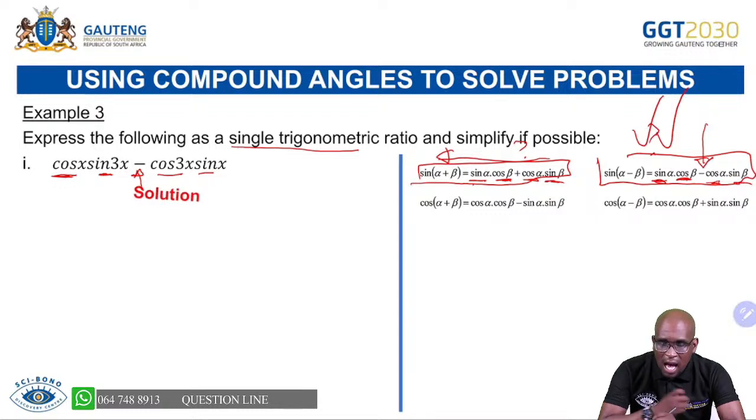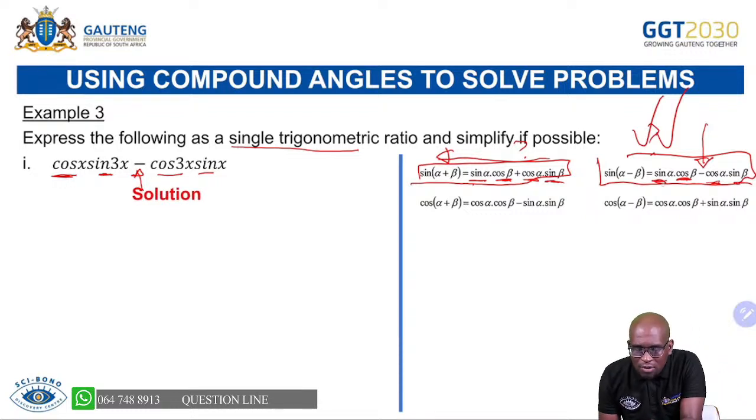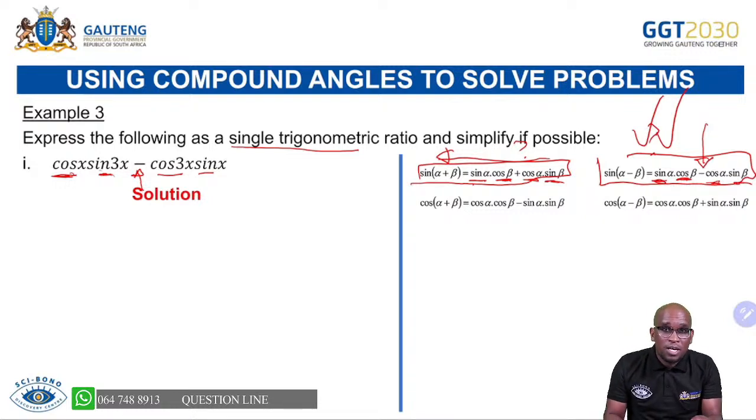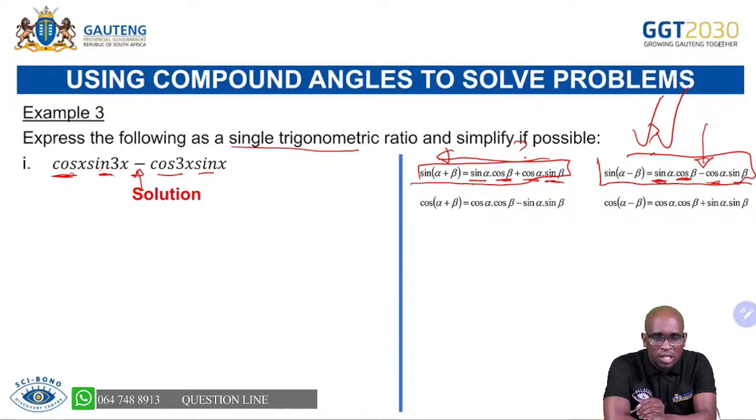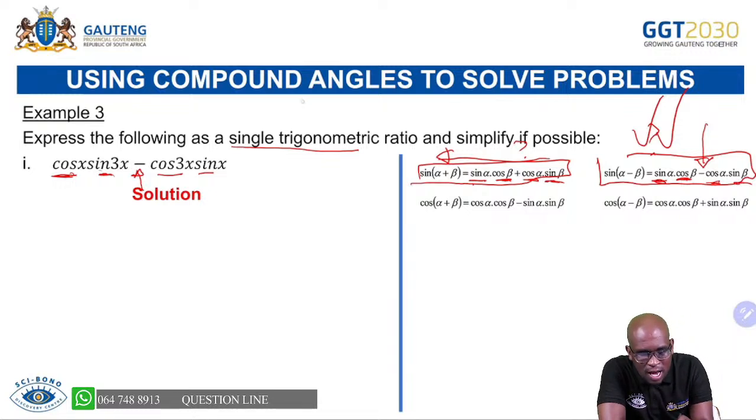First things first, I will rearrange and write down the sine, because it's written as cos, sine, cos, sine. So I'll start with sine and then cos. Remember, multiplication is commutative. What do I mean by that? I mean 2 times 3 gives me 6, and also 3 times 2 also gives me 6.